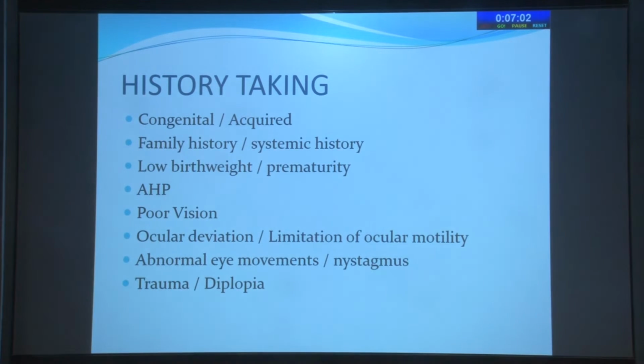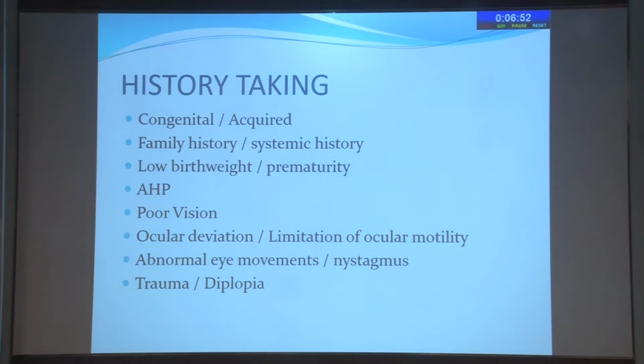Now, in these cases, we have to be more careful about history and examination, because these are situations which are a bit more complicated and misleading. So one needs to know whether it is congenital or acquired, because both presentations are going to be different. You also need to look at the family history and systemic history, if somebody is having diabetes or hypertension or any other problem.